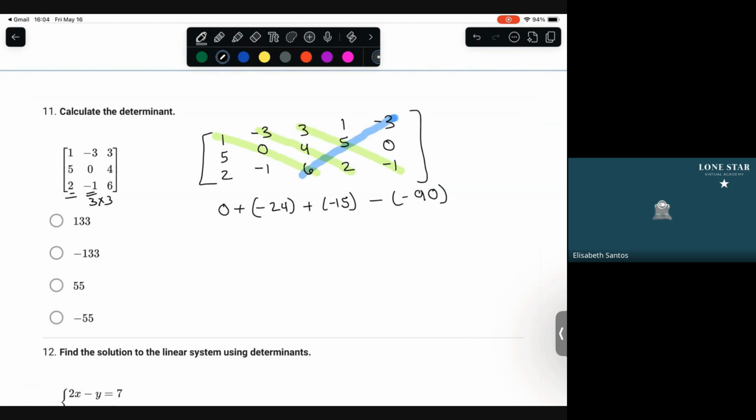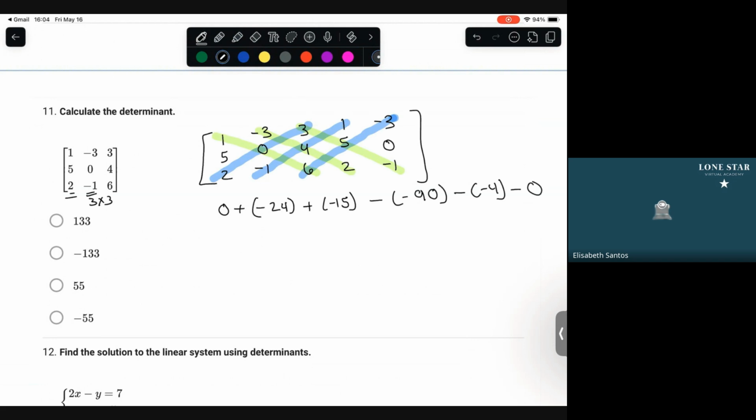Okay. Let's move on to the next one. We get negative 1 times 4, which is negative 4 times 1 is negative 4 still. So minus negative 4. Last one, minus thing times a 0 is a 0, so it's minus 0.